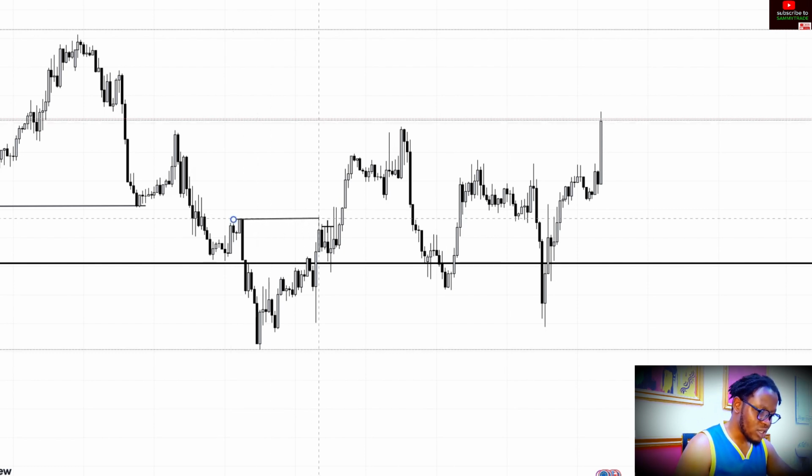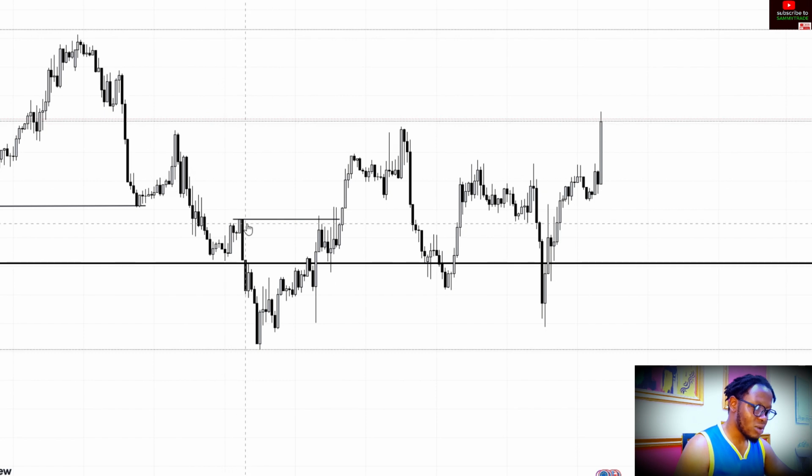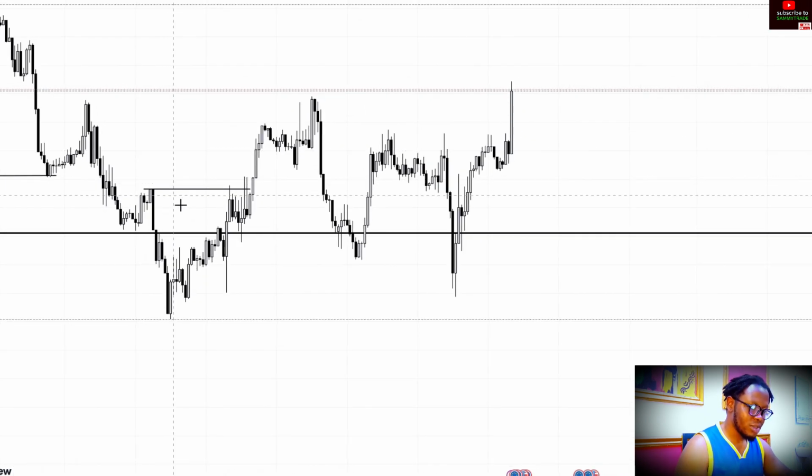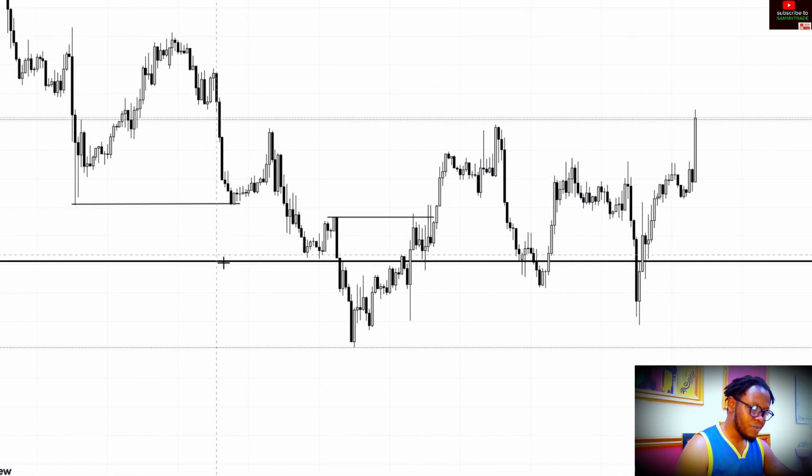This is our last lower high, because this high is lower than this high. We are waiting for a change of character, remember, like I said. And firstly, this big line that I drew here is our demand zone that I drew on the higher time frame.